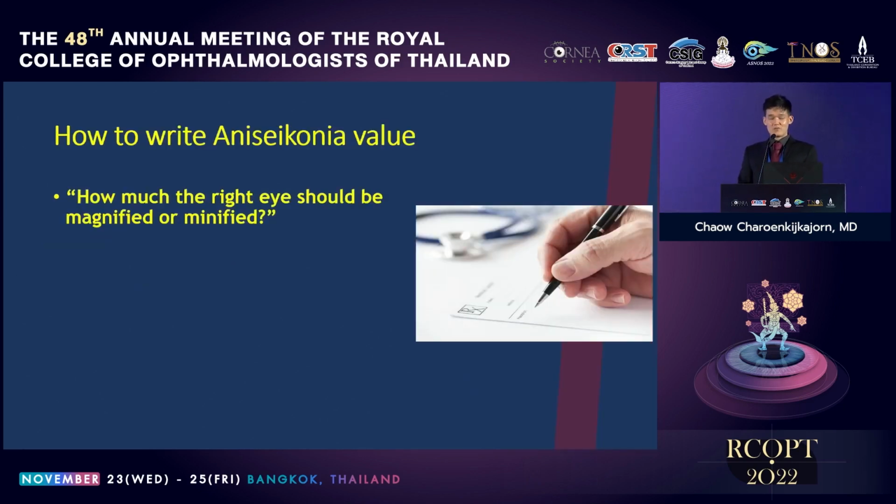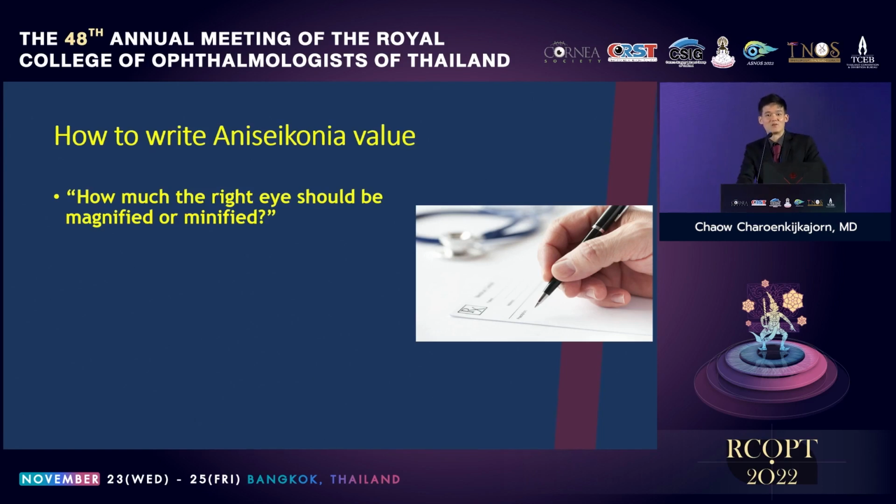The way that we write the value of aniseikonia is very similar to when we write the prescription for glasses. For example, when we write the prescription for glasses, if we write -4, that means the eye itself has too much plus power, so we need -4 to correct it. So we're going to write the amount of the correction. And in the same way, in aniseikonia, we're going to write the value as the image size relative to the other eye.